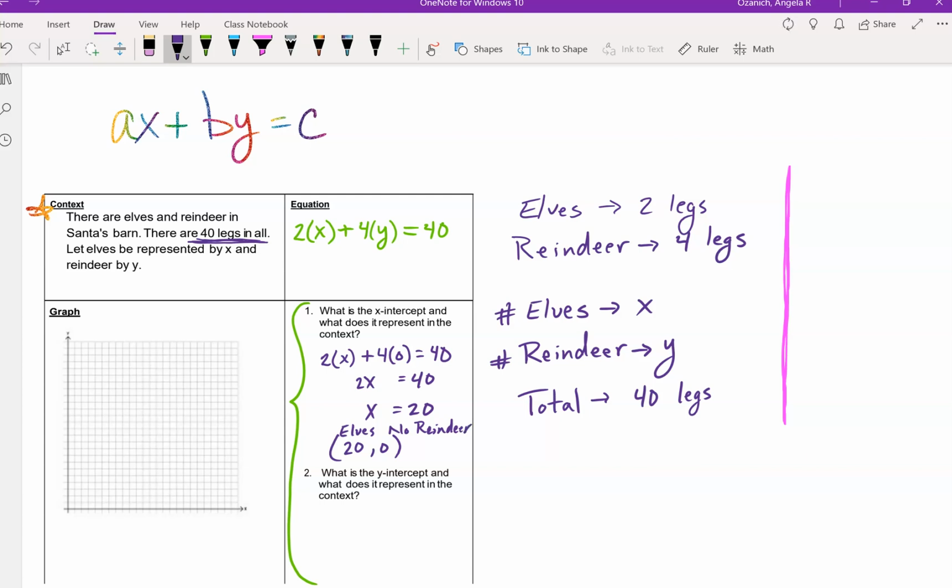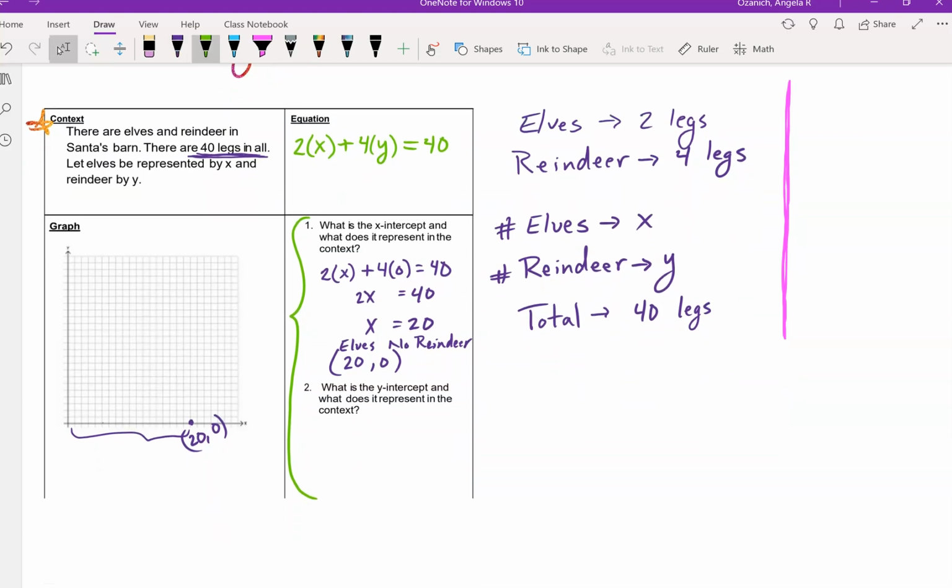So let's go ahead and graph it. Wow, 1, 2, 3, 4, 5, 6, 7. You guys will have to help me out. Let's just say this is the point (20, 0). Apologies if the counting isn't exactly right. And as we continue, we're going to find the y-intercept by plugging a 0 in for x.